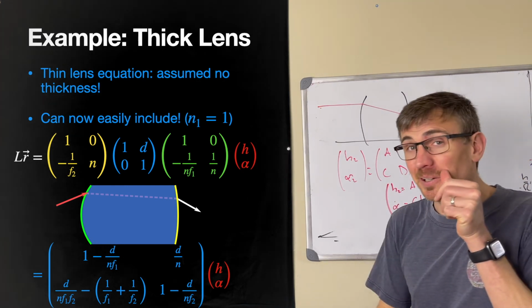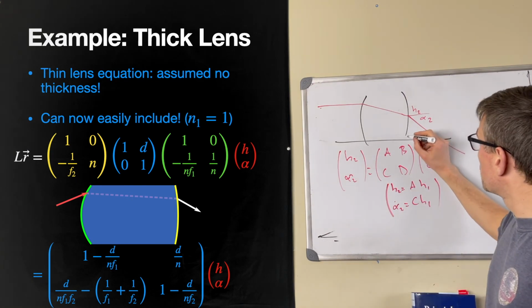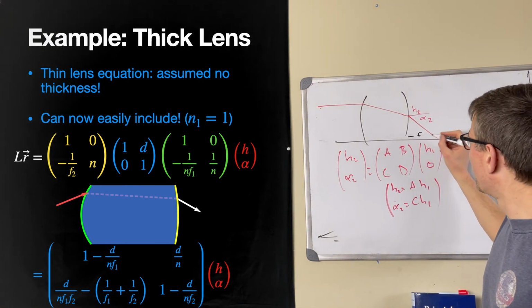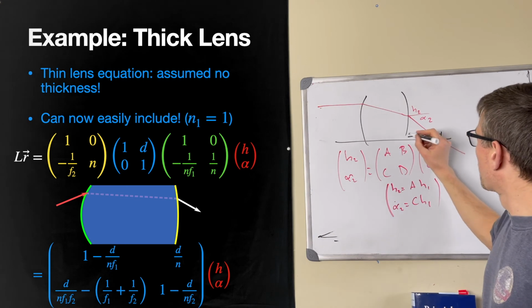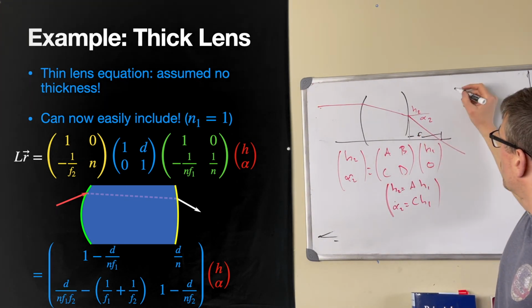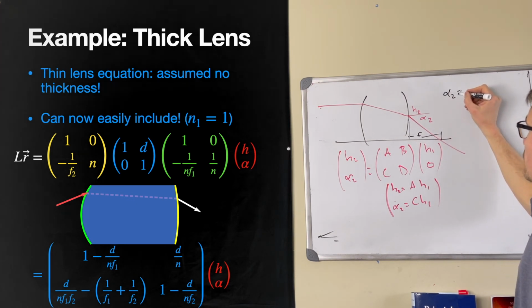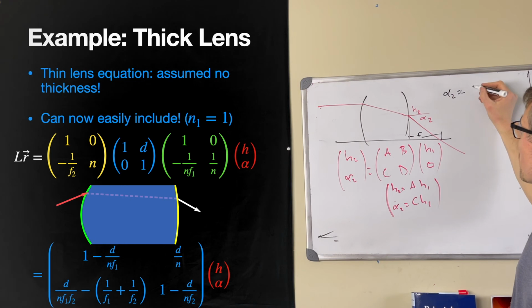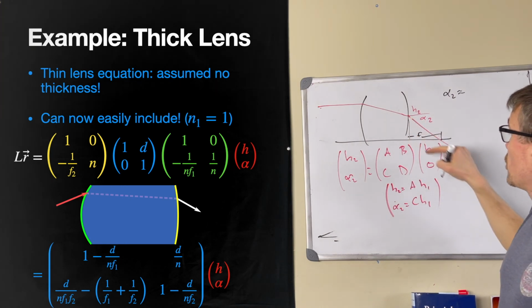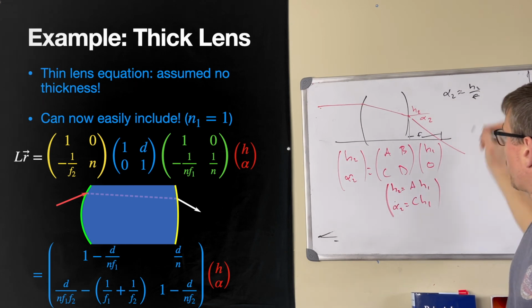Okay, that's pretty good. That's actually quite nice, because why? Imagine we come some distance away. I don't know, let's call it f, for reasons that will become clear very soon. We have the angle, alpha 2, is equal to, in the small angle approximation, h2 over f.